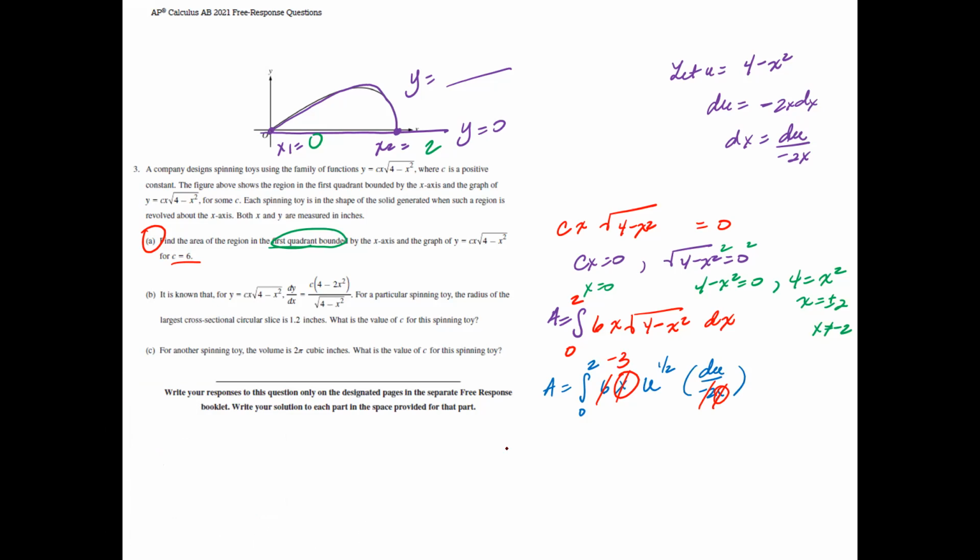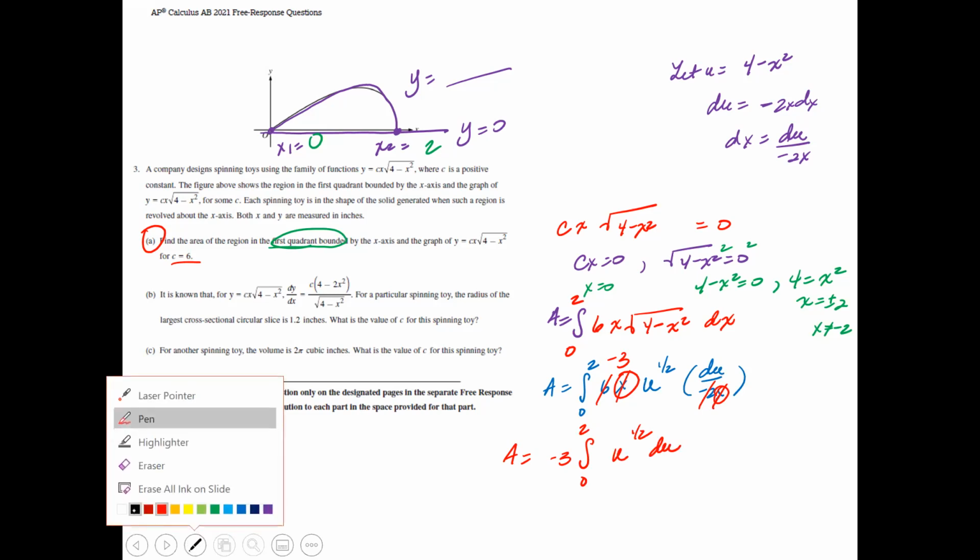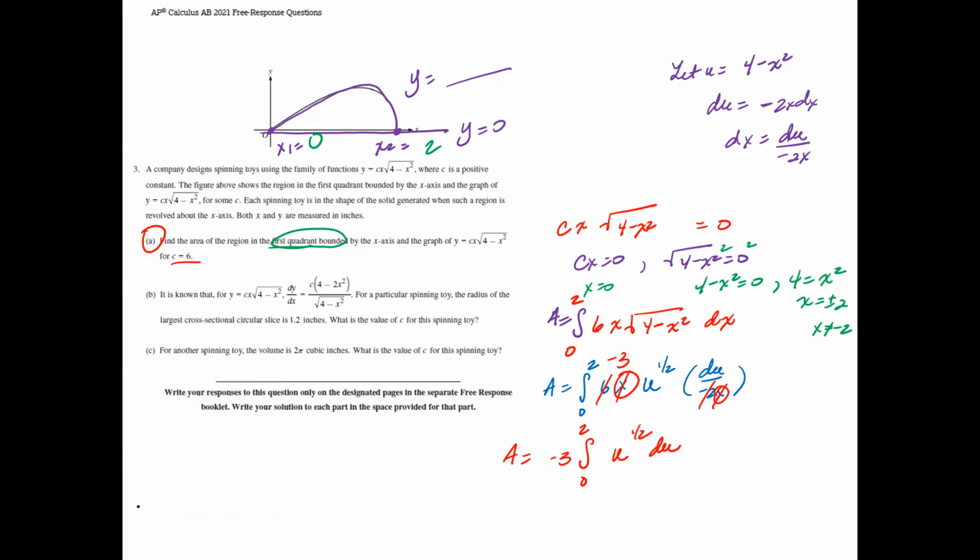All right, so then looking at this, area equals, that negative 3 is just a constant, so I'm going to move it over. So then I have u to the 1/2 du. So let's go ahead and proceed forward with integrating this, because everything is in terms of u, and so far I am good.